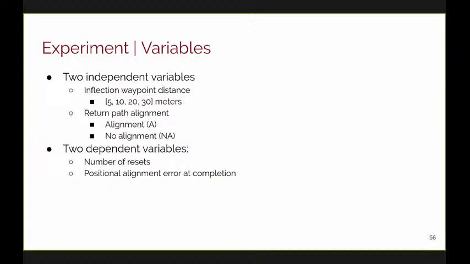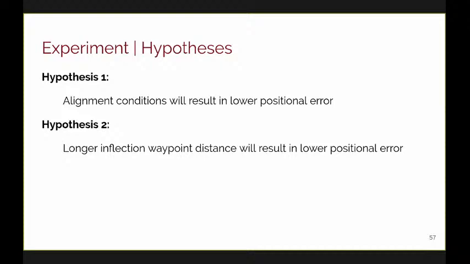We studied two dependent variables, the number of resets and the positional alignment error on completion. This is simply how far away they were from that goal configuration that would represent the identity mapping. We had two hypotheses here again. We hypothesized that the alignment conditions would result in lower positional error, as that was the whole goal of this alignment redirection algorithm.